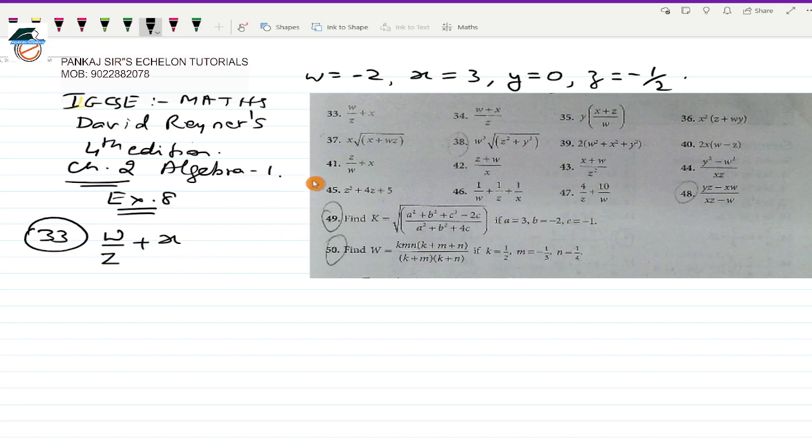First let us plug in the values. w is -2, z is -1/2, plus x is 3. So this is what we have to evaluate. Now here comes the basic mathematics that you should know how to apply. Many students and teachers have different ways of doing these things, because these are basic operations and it depends on what way you are used to.